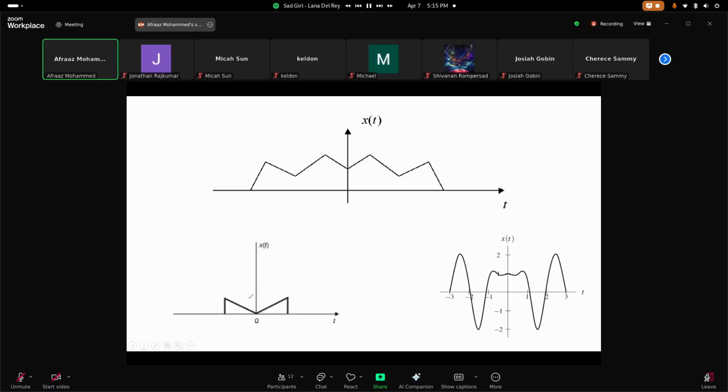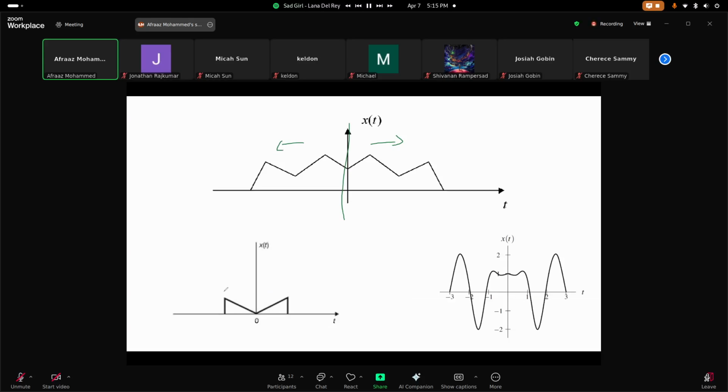Other examples of even signals are these, and you notice the same thing here. It's going to be a mirror image on the y-axis, so this shape on the positive side is equal to the mirror image on that side.